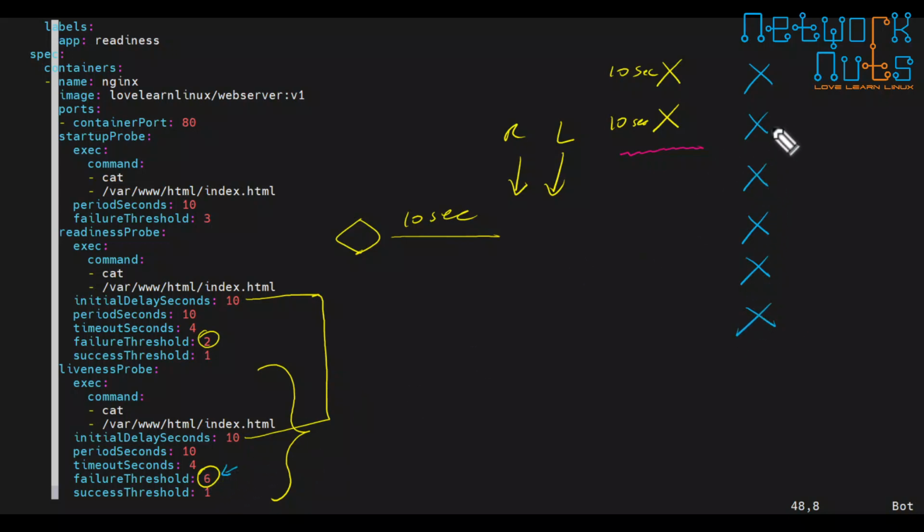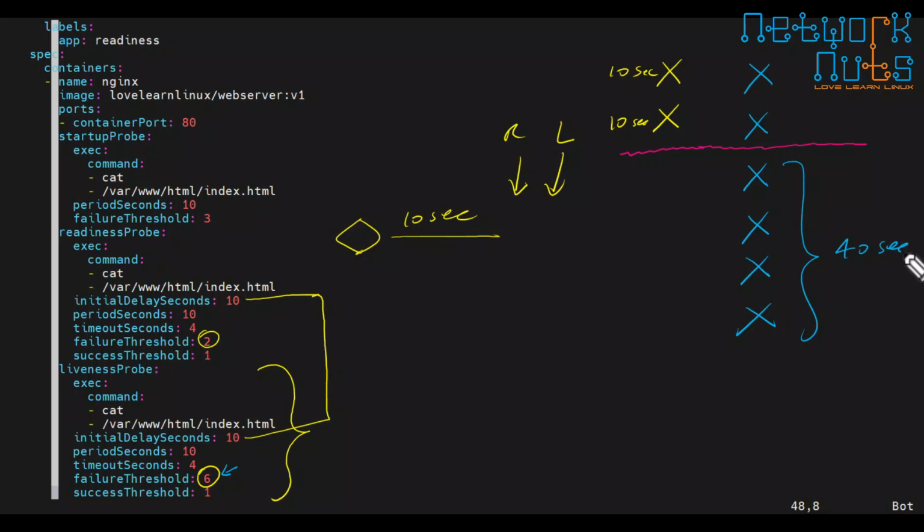So if it's not able to get the file continuously for 6 times, that means 60 seconds. After 20 seconds, there will be no more traffic coming onto this pod, which is done by the readiness probe. The readiness probe will make sure no more traffic will come to this pod after 20 seconds. But the liveness probe will give it a chance. We'll wait for 40 more seconds.